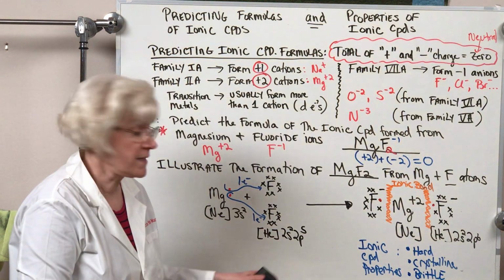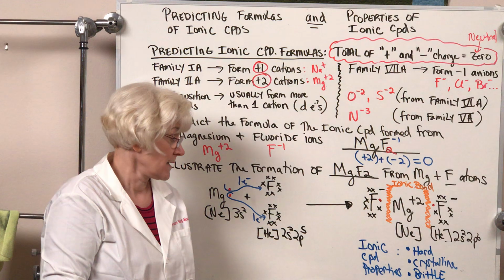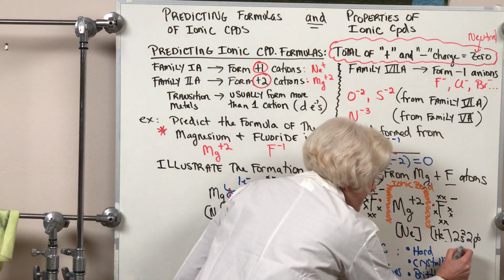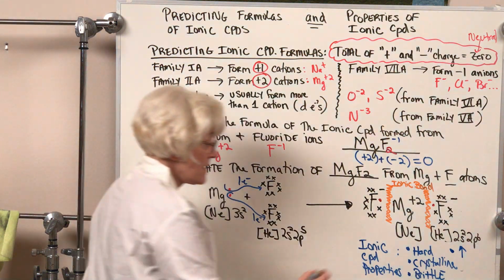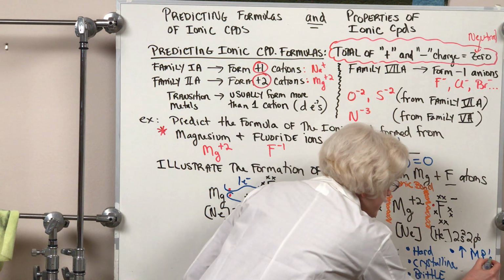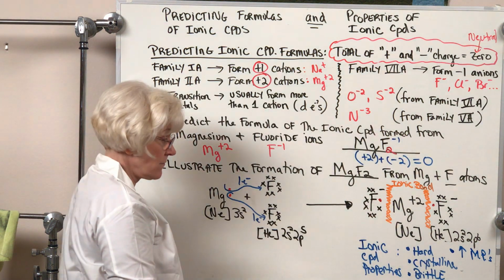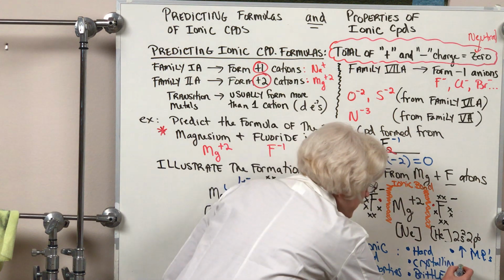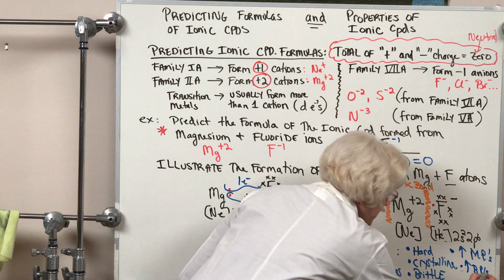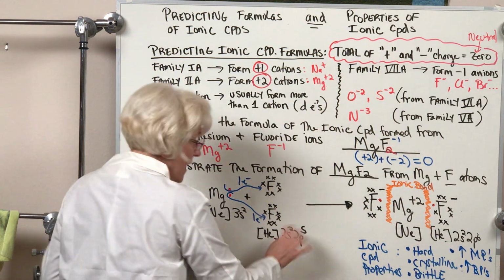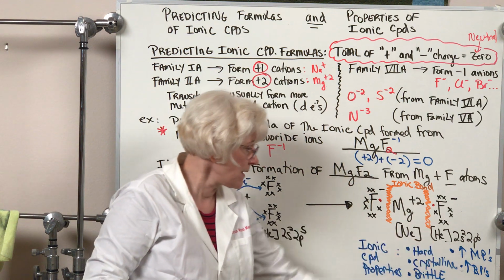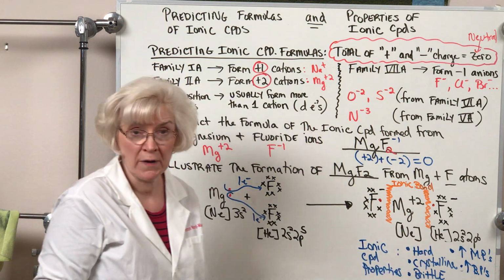These are all properties that we observe with ionic compounds. And one last property, they have arrow up, meaning high, high MPs. Remember, we talked about that. MP, abbreviation for melting point. And also, they have high boiling points. So ionic compound properties: hard, crystalline, brittle, high melting points, high boiling points.